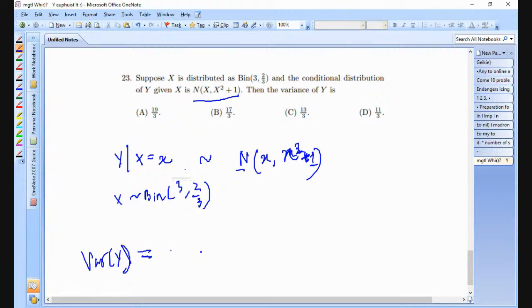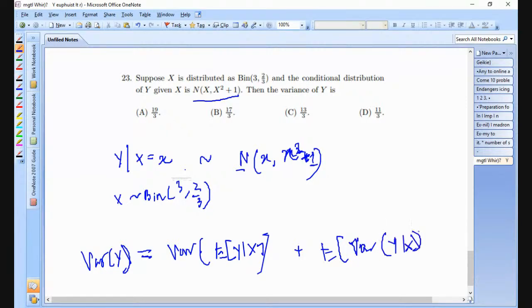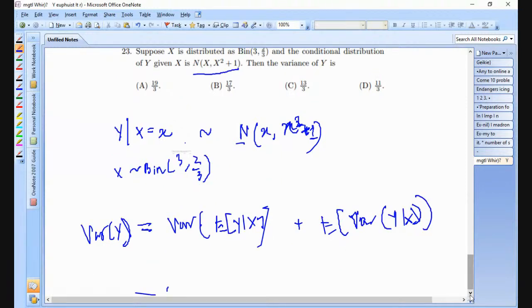So the variance of Y is the variance of the expectation of Y given X plus the expectation of the variance of Y given X. Think about it now.